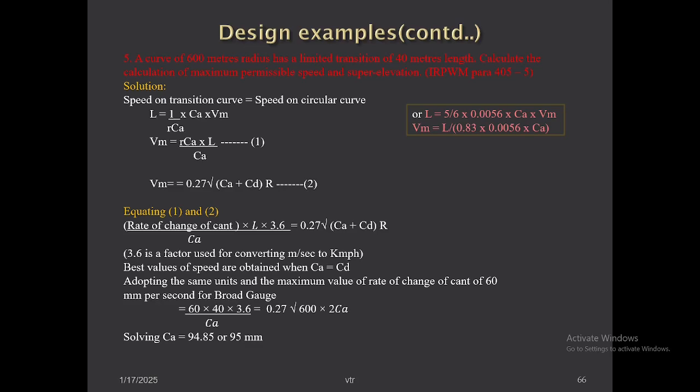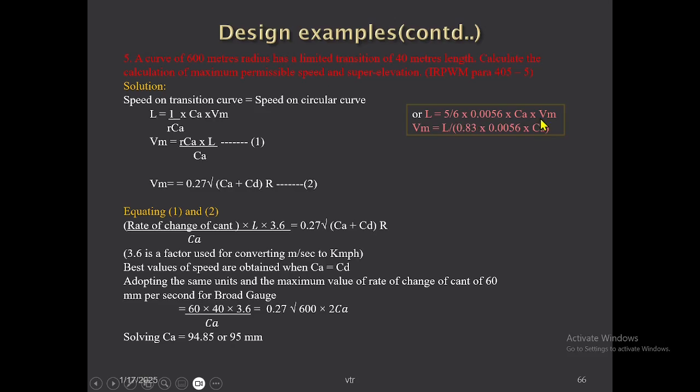Your length of transition formula is L equal to 5 by 6, actually not 5 by 6, it is L = 0.008 C into Vm. Why are we using it now? Because it is a restricted case, we take the 5 by 6, that means 60 mm per second rate of change of Cant actual.